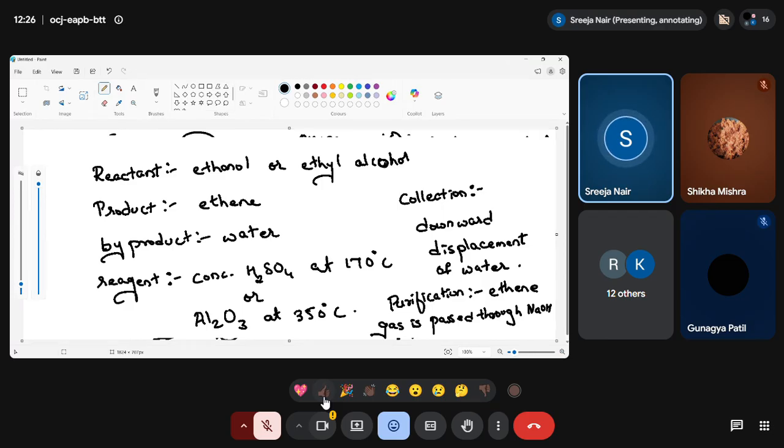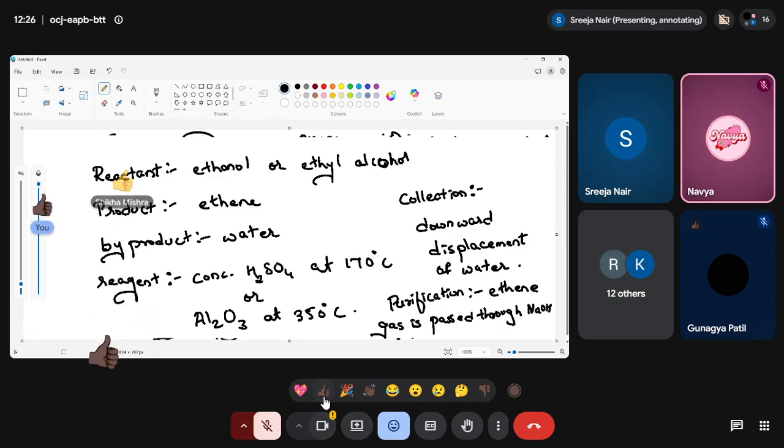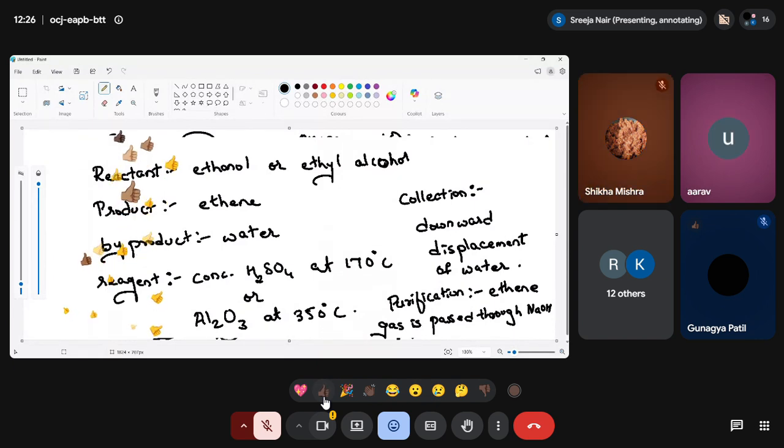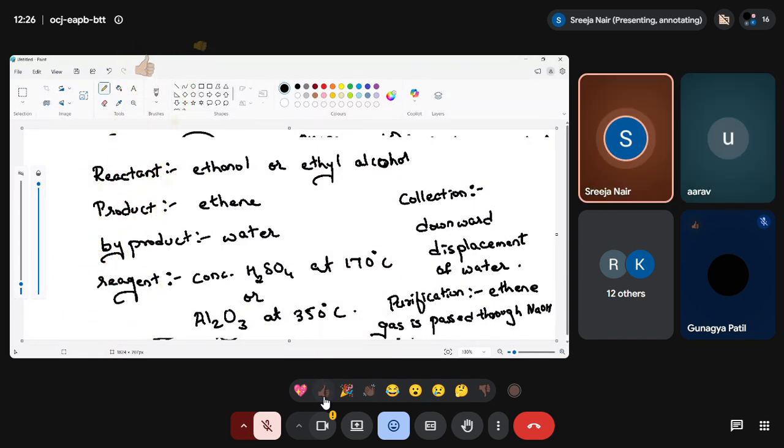I hope everyone has written these pointers in your notebook along with the reaction. Can I erase it? If you're finished, just tell me so that I can move to the next preparation.